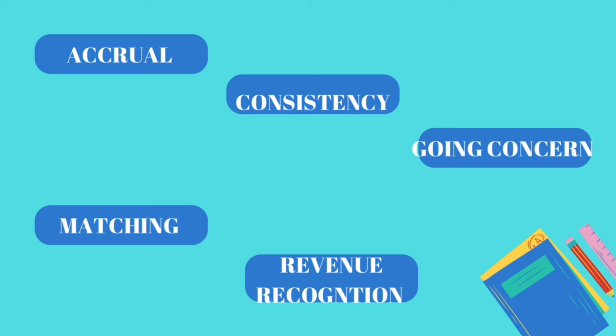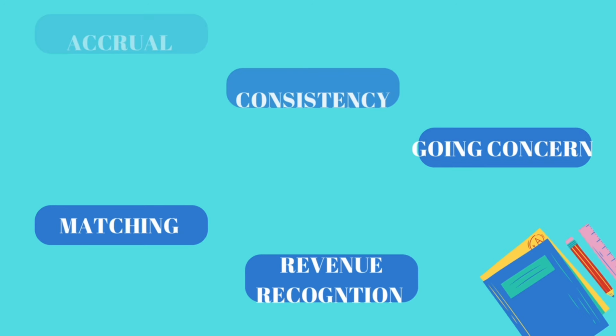And last but definitely not least is the revenue recognition principle. We recognize revenue when it is earned and realized, regardless of the cash receipting timing. This means in a situation where a person comes and buys our pencils on credit, we recognize the revenue has been earned when we've given and the respected party has received the pencils.